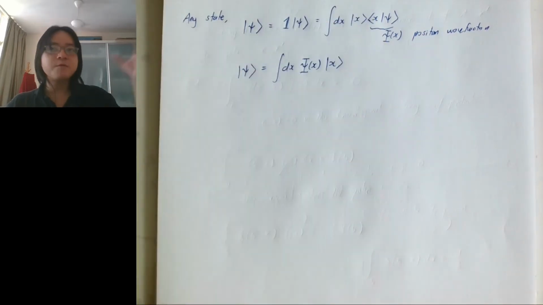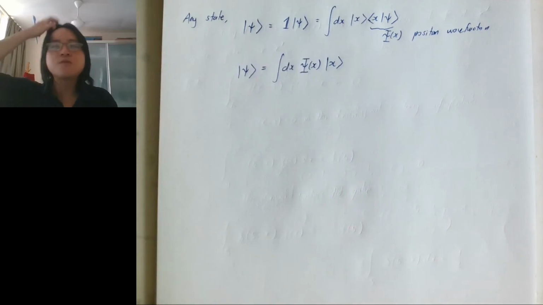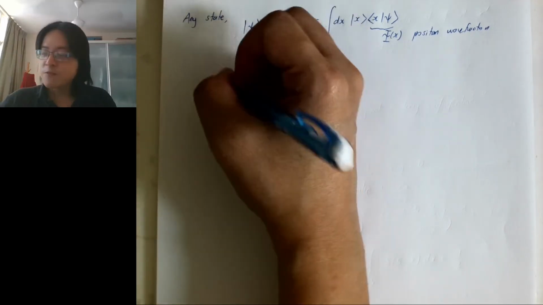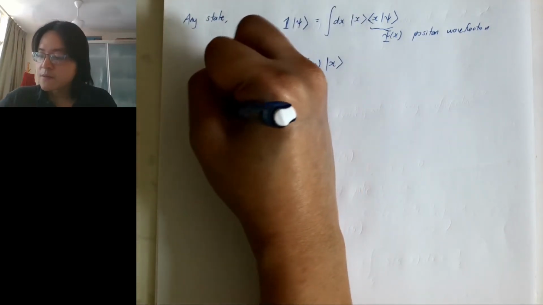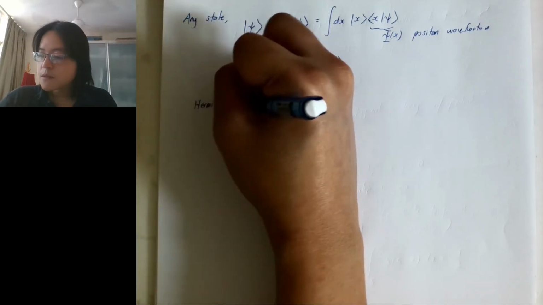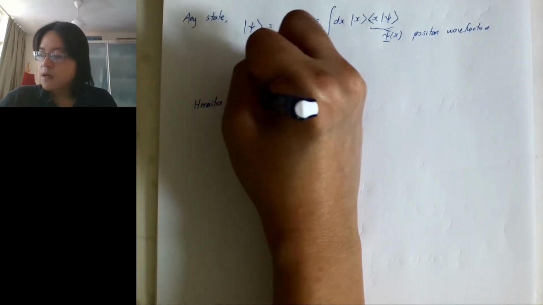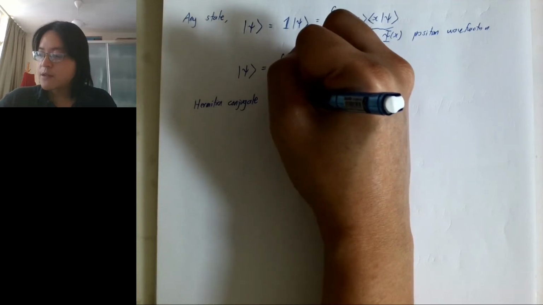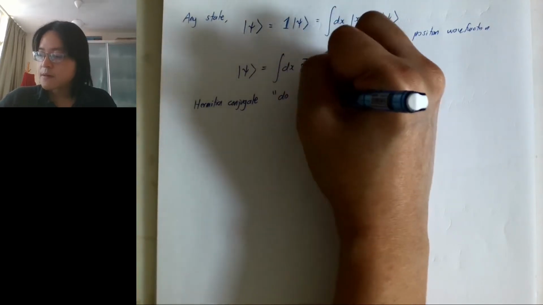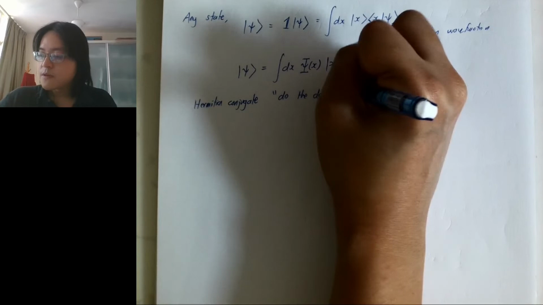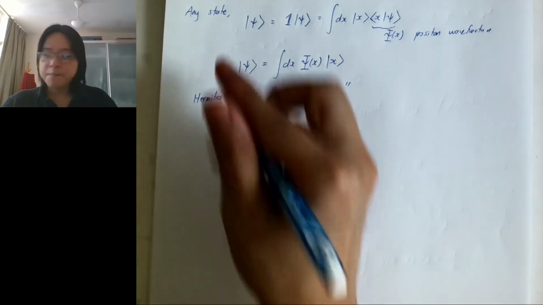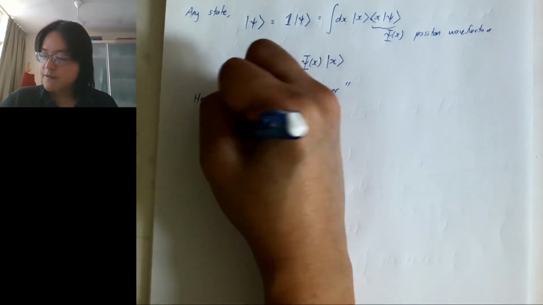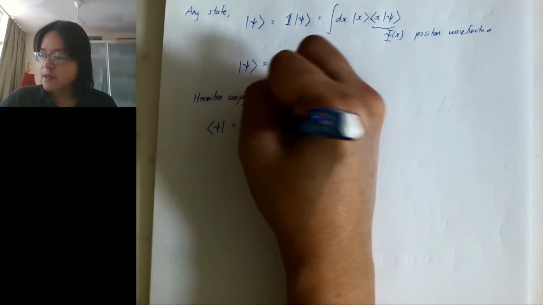So what concept do we need to carry over? What we did last time was the Hermitian conjugate, right? That is a fancy way to say do the dagger, right? So that means you want to get the bra. The bra of this is just taking the dagger.